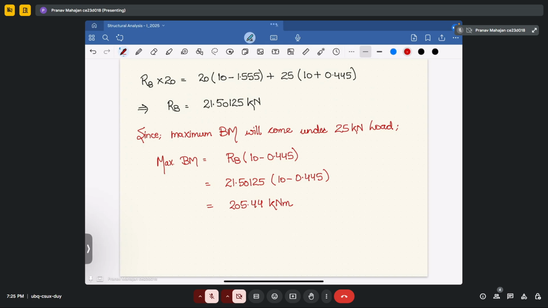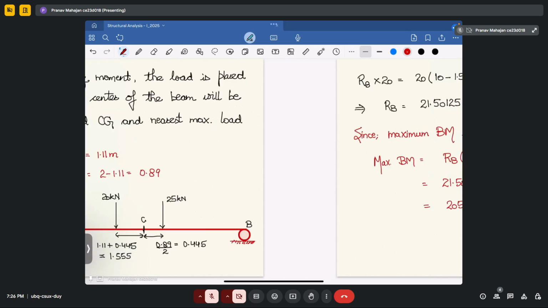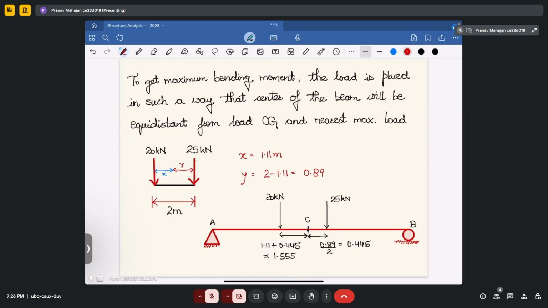Then you have to keep the maximum load equidistant from the center of the beam. So that's why 0.89 will become 0.445. You have kept the 25 kilonewton load at a distance of 0.445 from the center, and the next load, that is the 20 kilonewton load, at a distance of 1.555 from the center of the beam.